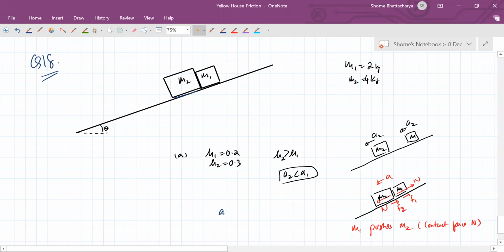So that common acceleration will be this, where F1 will again be mu1 N1, F2 will again be mu2 N2.